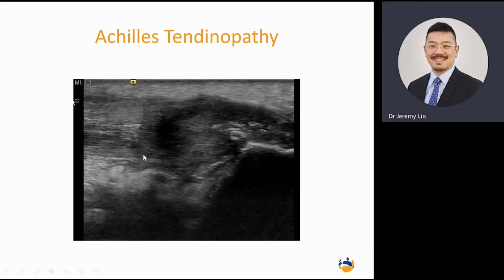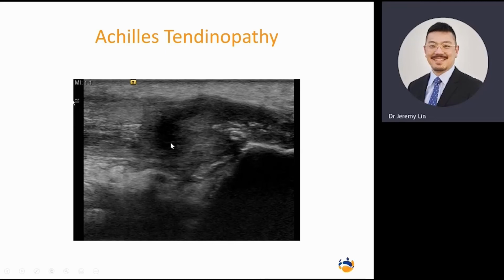On ultrasound, you will see thickening, loss of the normal fibrillar pattern, hypoechogenicity, and if we turn on color, you will see hyperemia. On this one, you can also see the enthesopathic bone at the attachment.